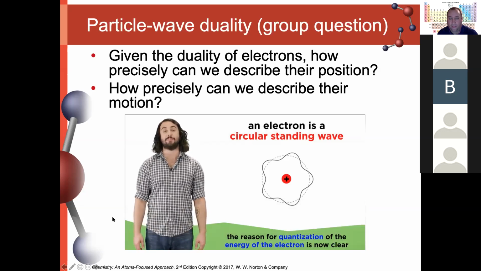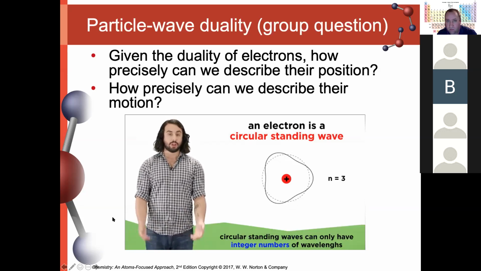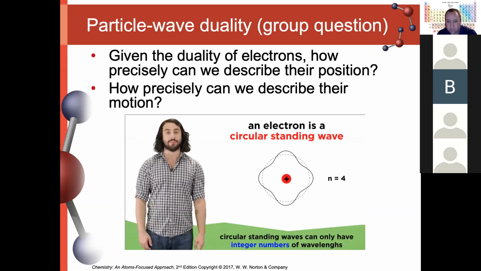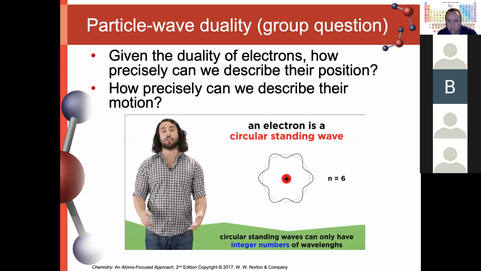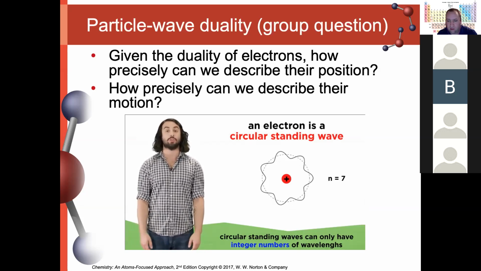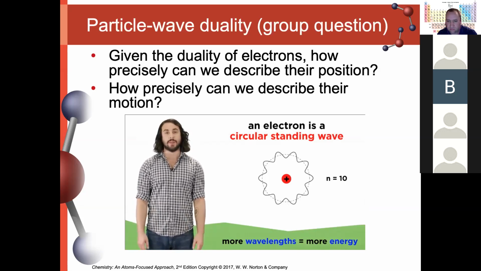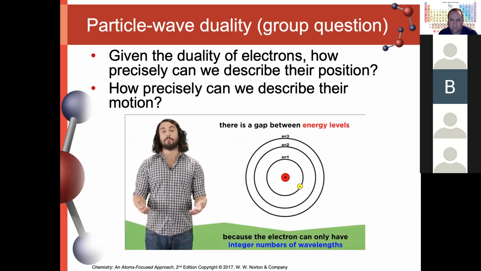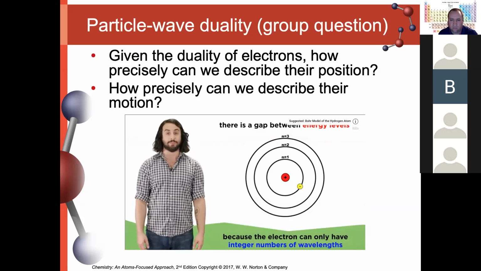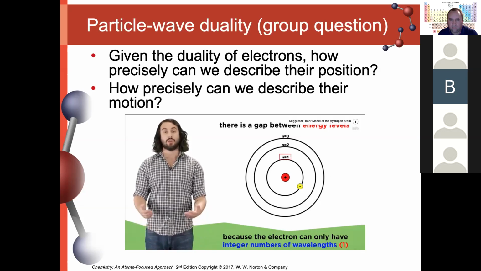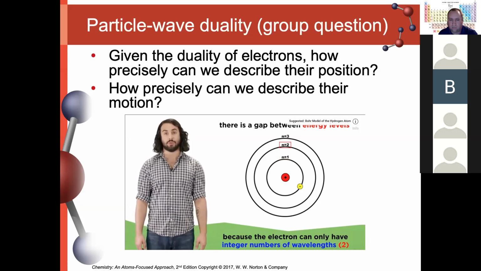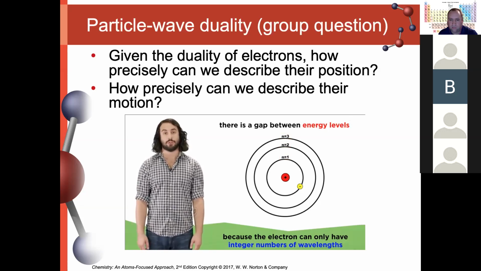Quantization of energy applies to the electron, because any circular standing wave must have an integer number of wavelengths in order to exist. Given that an increasing number of wavelengths means more energy carried by the wave, we can see the Bohr model for the hydrogen atom begin to emerge as we imagine a standing wave with one wavelength, and then two, and then three, and so forth.